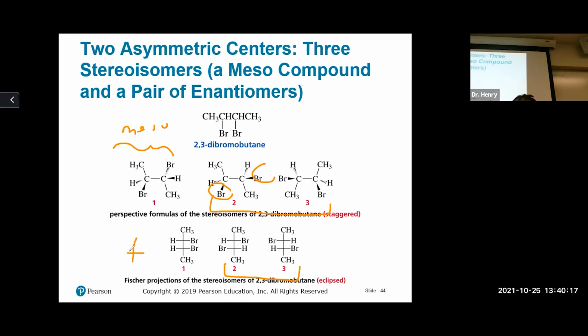Diastereomers means that you have... so meso means that you only have one of them. The diastereomers means that these two match up with each other. So diastereomers, you have 4 total, right? Let's go back, it's easier to see. Make sure I'm explaining this to you the correct way.